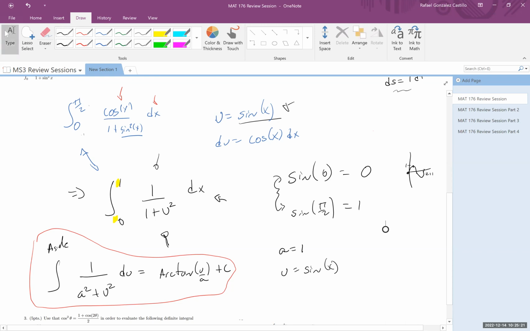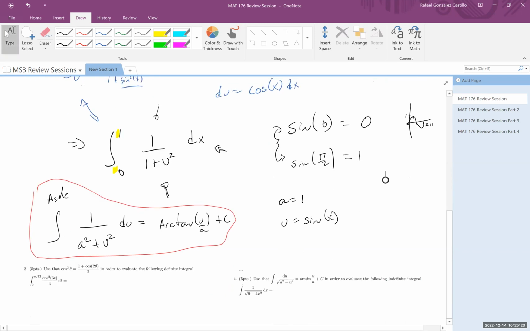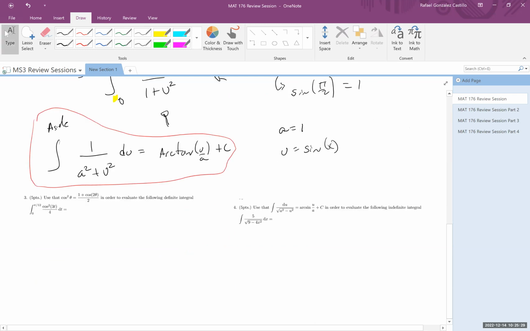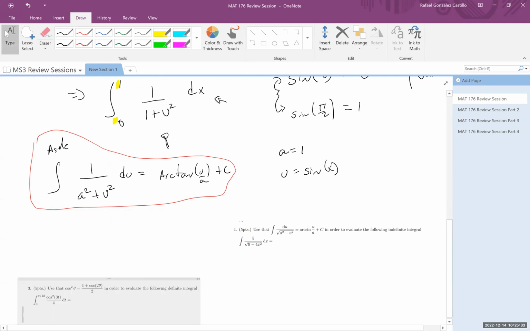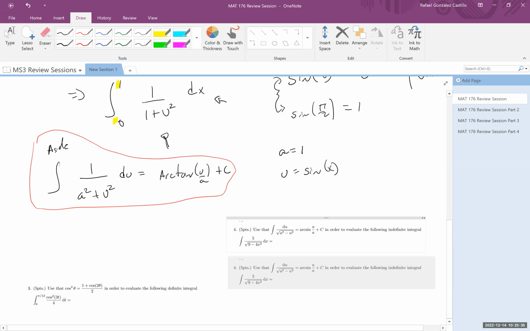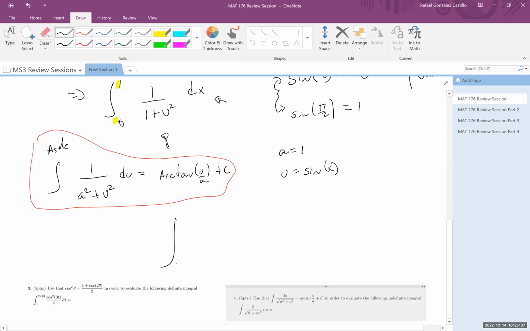So when I complete this problem, I have the integral from 0 to 1 of 1 over 1 plus u squared du, not dx, du.